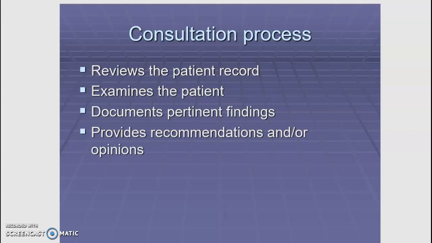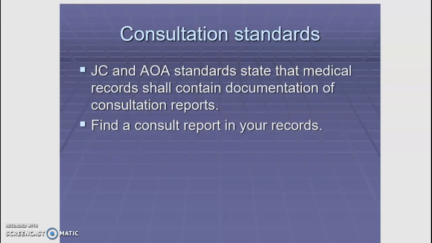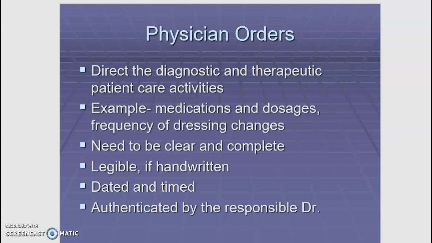So they're going to examine the patient, review the patient record, document findings, and then possibly recommend or give their opinion. The Joint Commission and the AOA standards state that medical records shall contain documentation of consult reports. You won't find it right now in your records, but it will be part of the assignment.